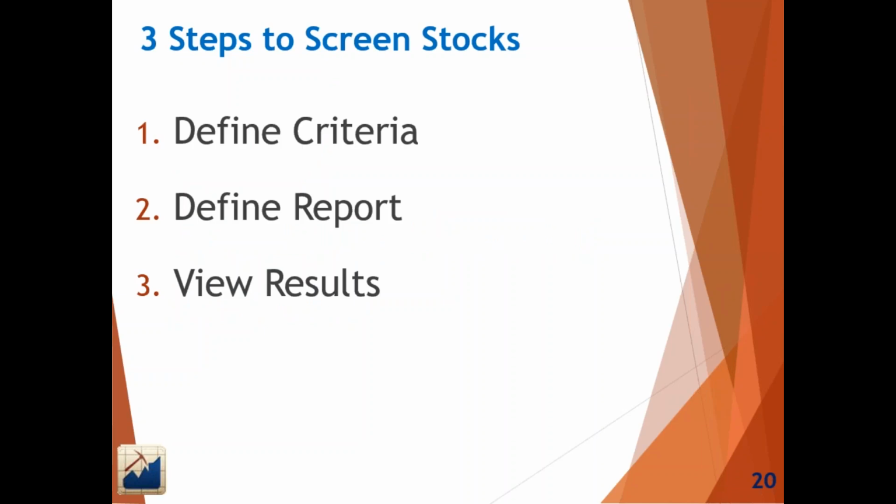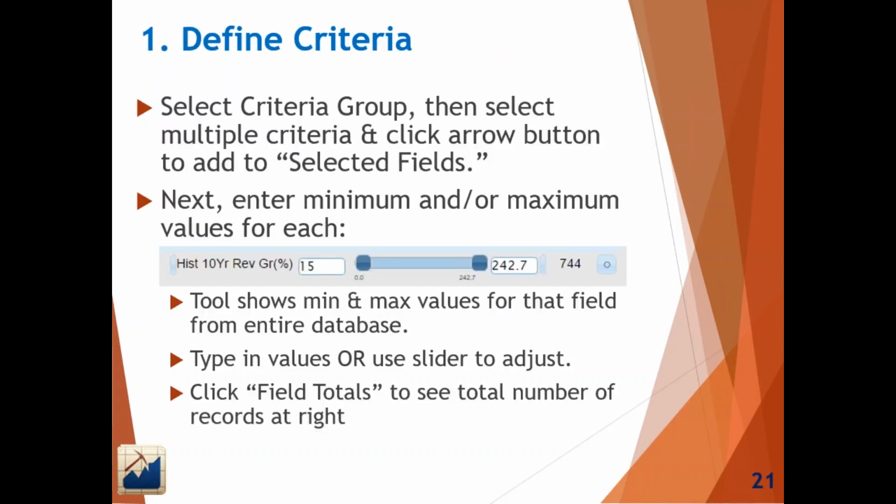So here we're going to start with a sample screen on mid-sized growth stocks, and we're going to start by defining the criteria. And we've got a little tool here that you can use to set the minimum and/or the maximum values for each field.